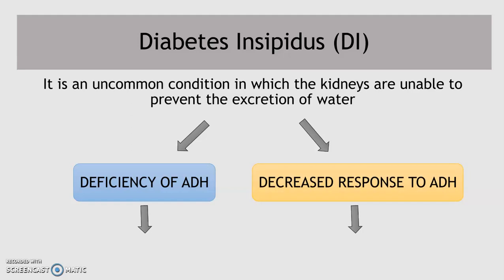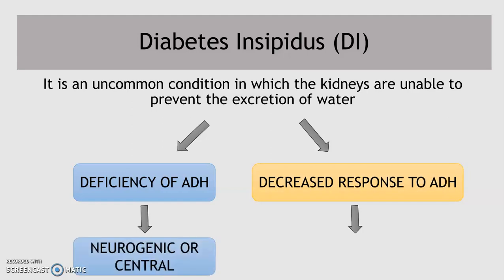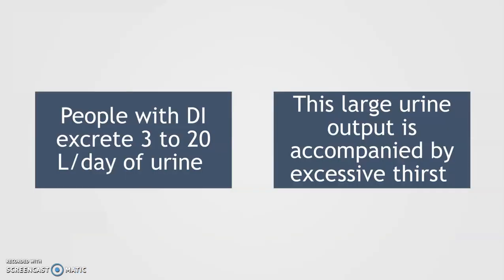If it is caused by a deficiency of ADH, it is called a neurogenic or central DI, and if it's caused by a decreased response to ADH, it's called a nephrogenic DI. People with DI excrete 3 to 20 liters a day of urine, which is a lot of urine. And this large urine output is accompanied by excessive thirst.